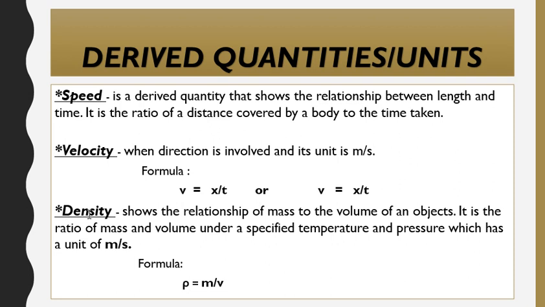Now, when we talk about density, it shows the relationship of mass to the volume of an object. It is the ratio of mass and volume under a specified temperature and pressure. Now, take note again, density is a derived unit because it shows a relationship of two standard units.